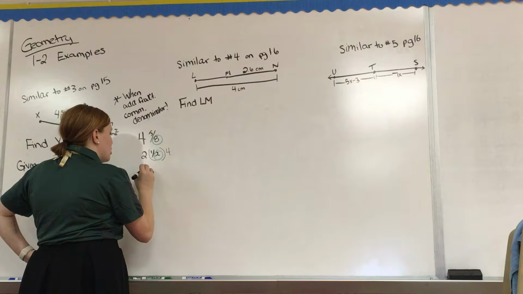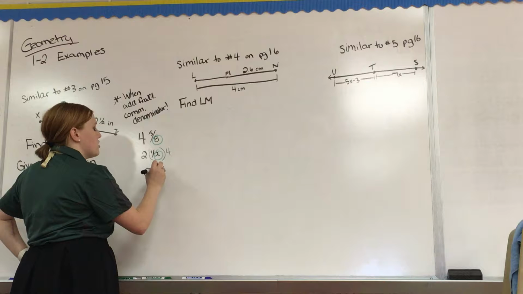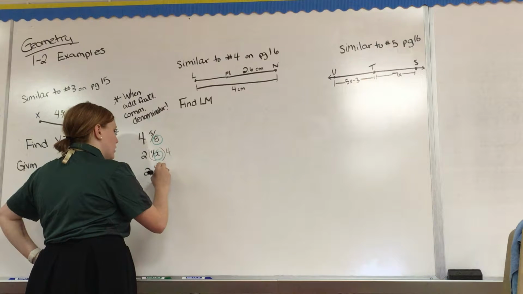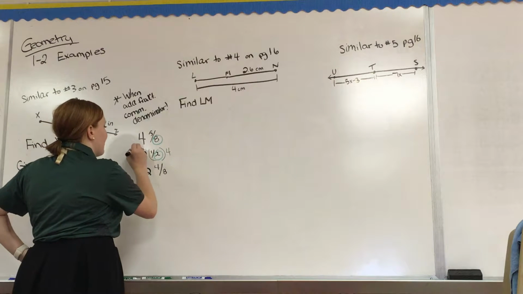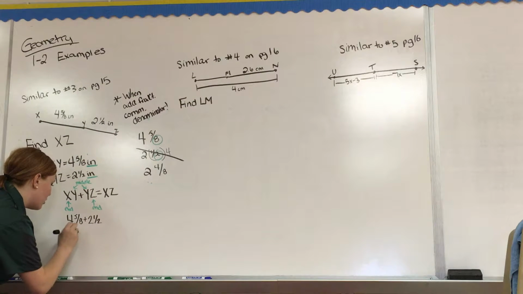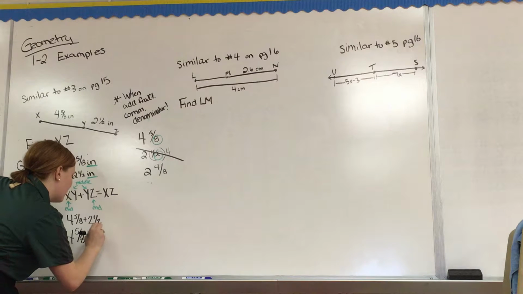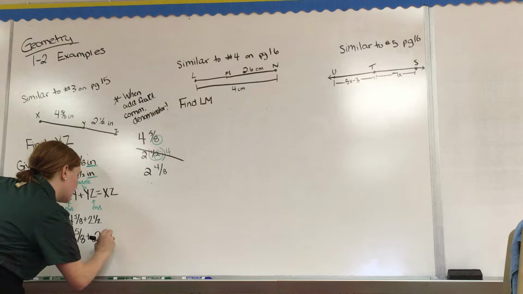So we are going to get 2. What's 4 times 1? 4. What's 2 times 4? 8. So now instead of having this, we get 2 4/8. So we have 4 5/8 plus 2 4/8.